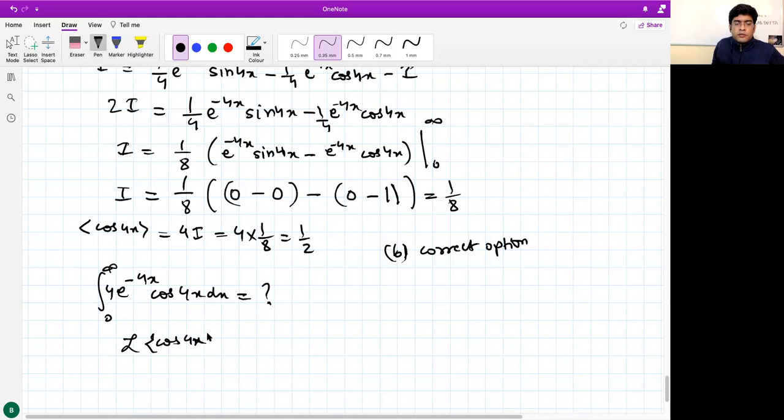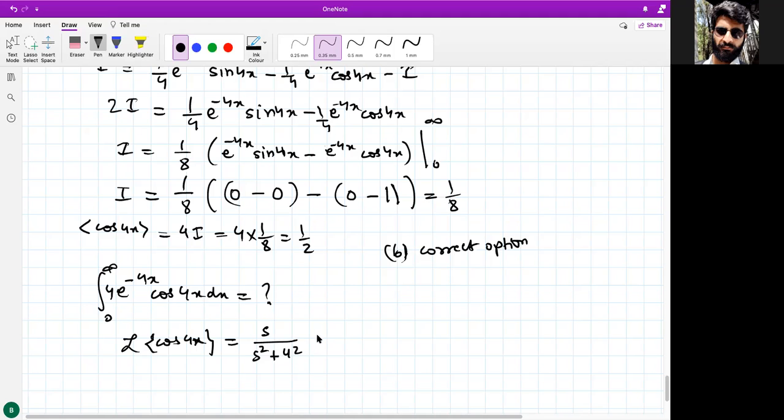Laplace transform of cos 4x will be, anyone? S by s square plus a square, so s by s square plus 4 square, right?